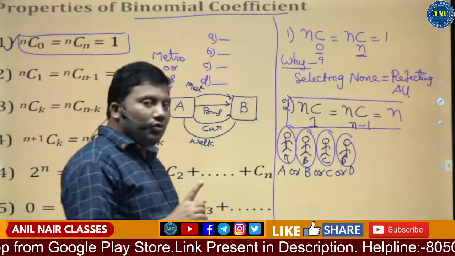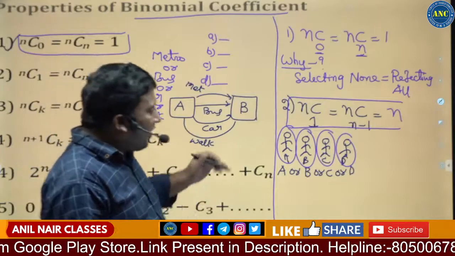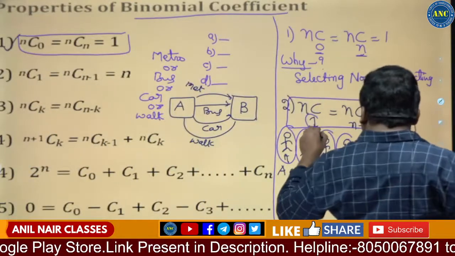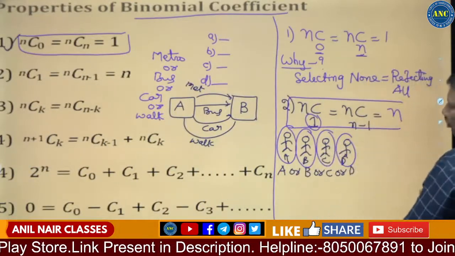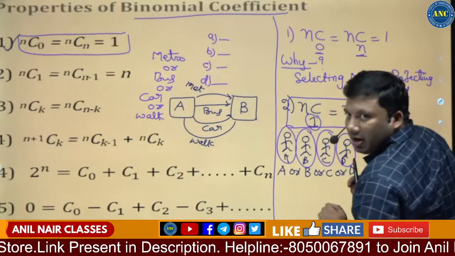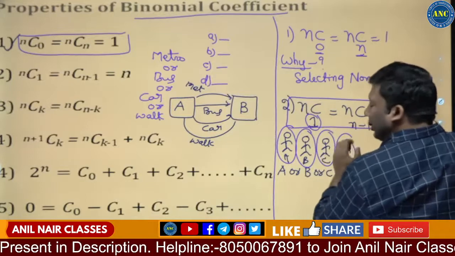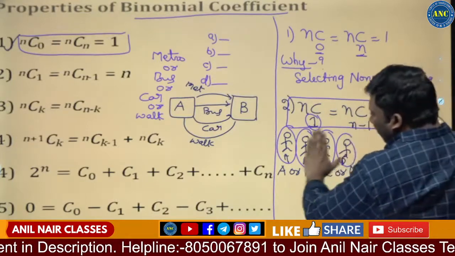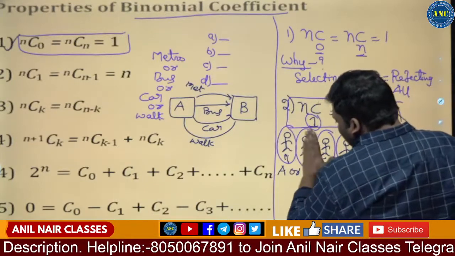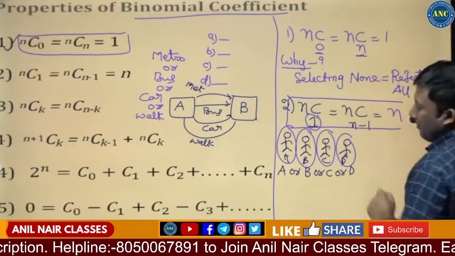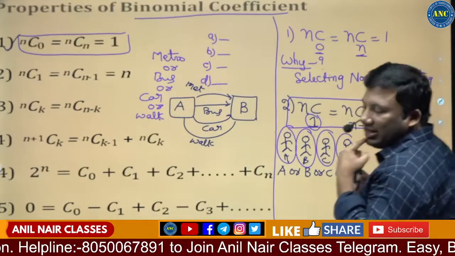So nC1 is equivalent to this: if I am selecting one out of 4 people, that means I am rejecting 3. Are you all with me? Out of 4, if I am selecting one, I am rejecting 3. Here it is clear to you.